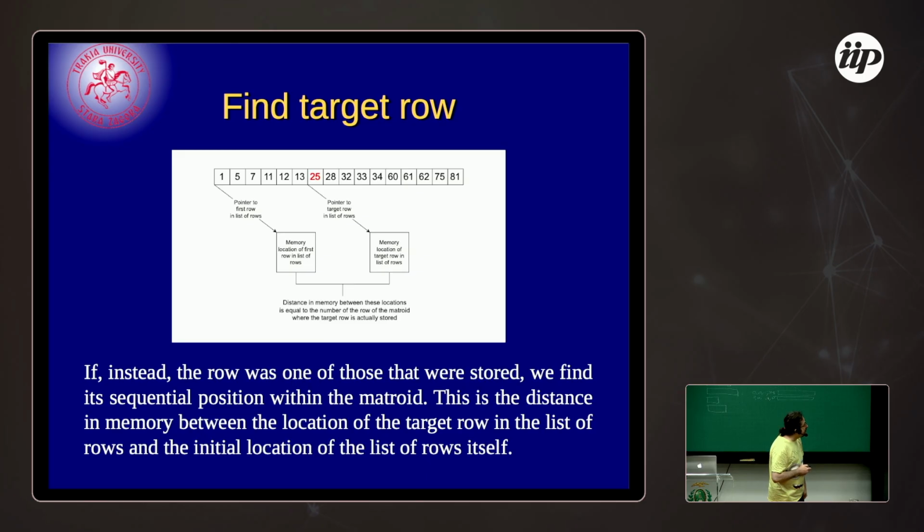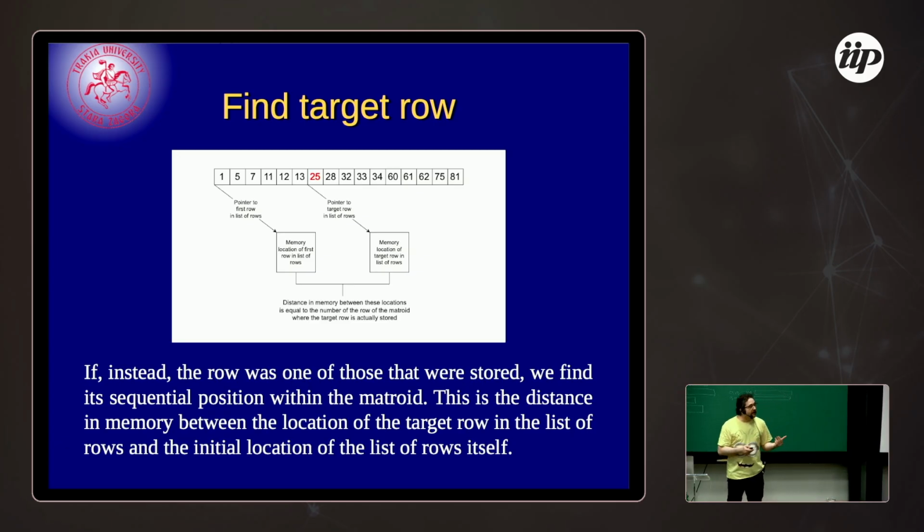Here, this location of memory where it says 25 means you have a pointer to the target row in the list of rows. If you subtract, this distance in memory is directly the sequential number of your target row in the matroid of the actual data that you have stored in the computer.